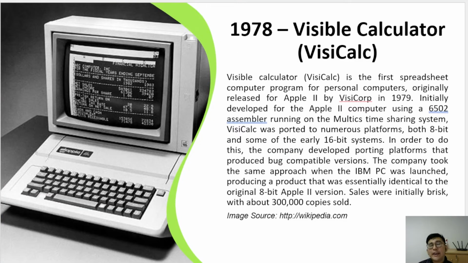In 1978, the feasible calculator was introduced in April, and it was also the first to introduce what we know today as the spreadsheet. We know Microsoft Excel, we have Google Sheets, and all the other programs to calculate and even to show our financial reports.